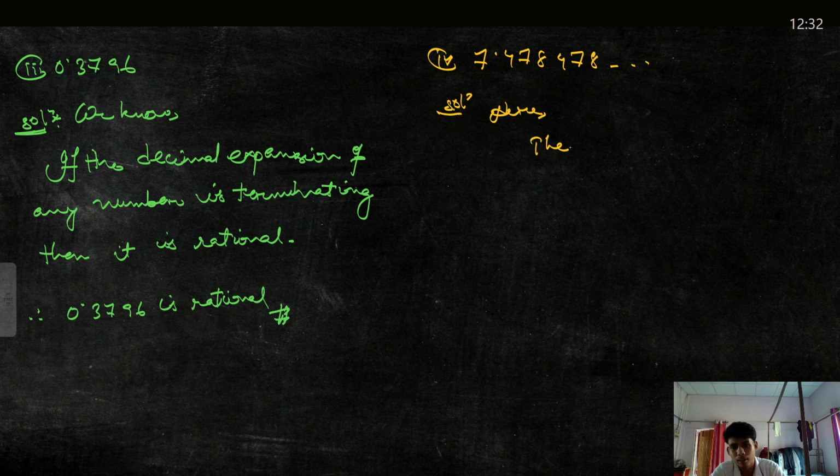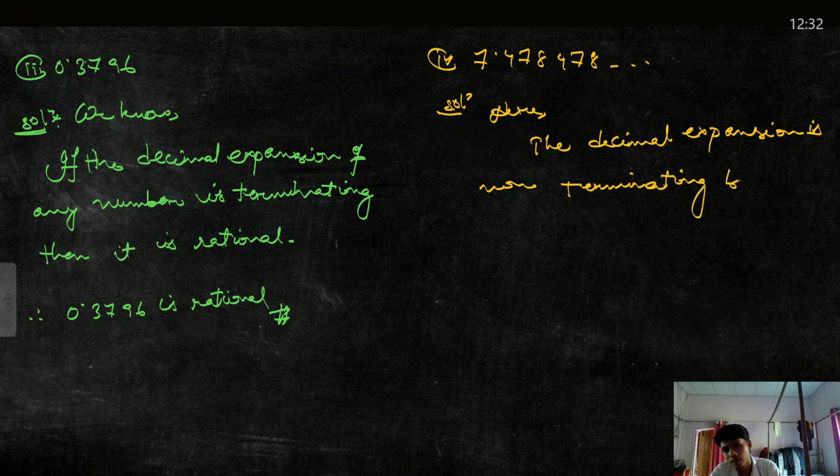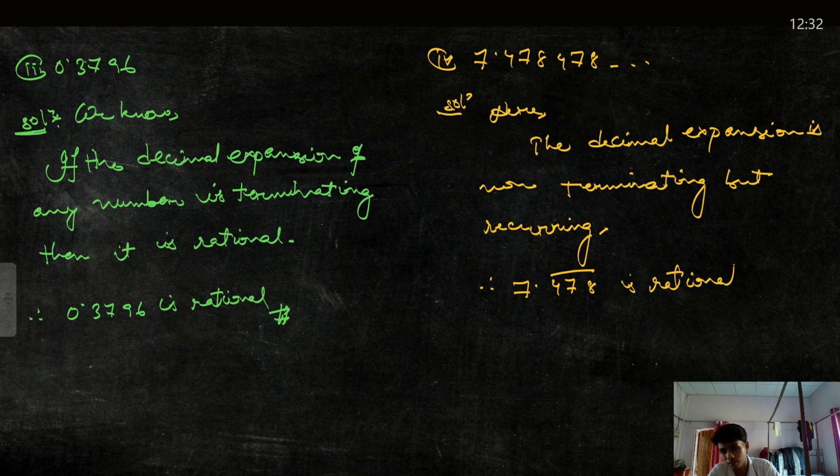Here, the decimal expansion is non-terminating but recurring. Therefore, 7.478 bar is rational.